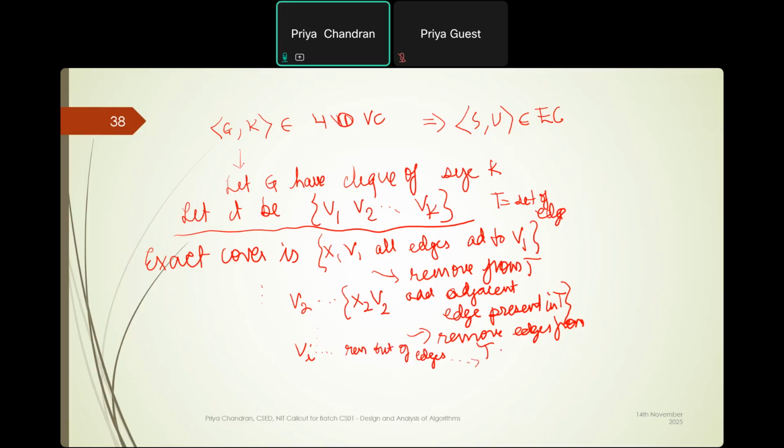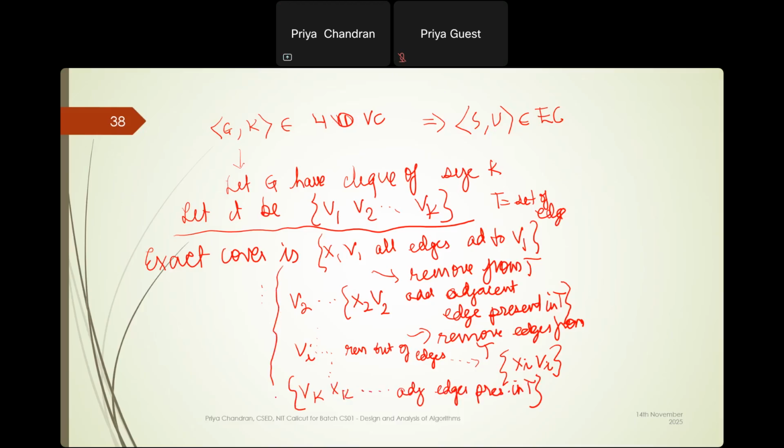Then we just take that without edges. We would be just taking the Xi, Vi set and putting it inside. So this we continue up to Vk, Xk, and all adjacent edges, if any, present in T.